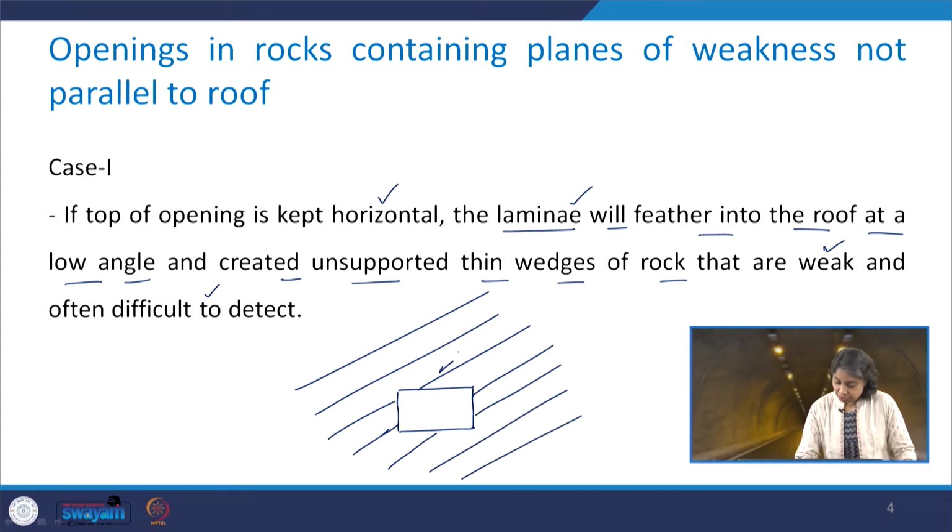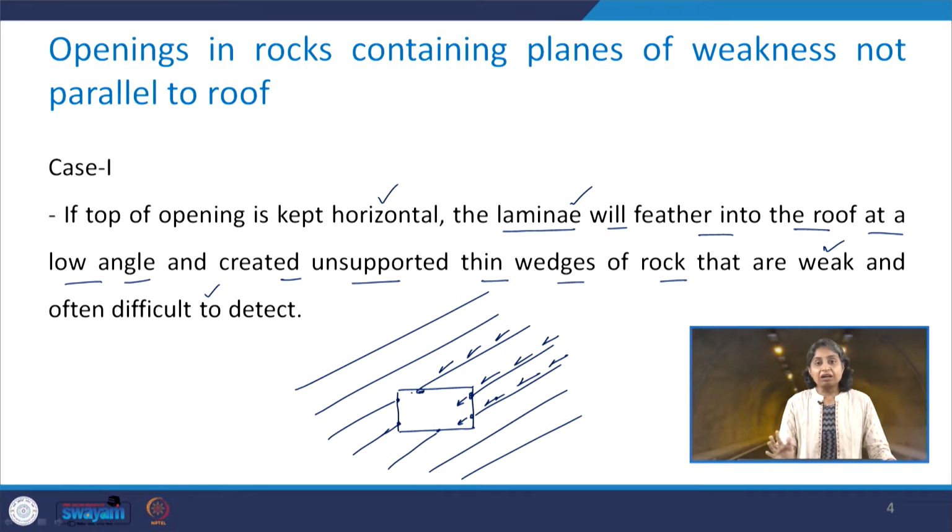Now there is going to be the development of shear here, and see, wherever they intersect the roof or the side wall, there is going to be the formation of wedge. In this region, which will try to move like this, in this region, here also, then here, here.